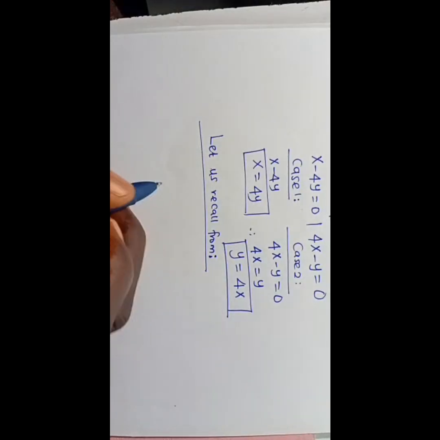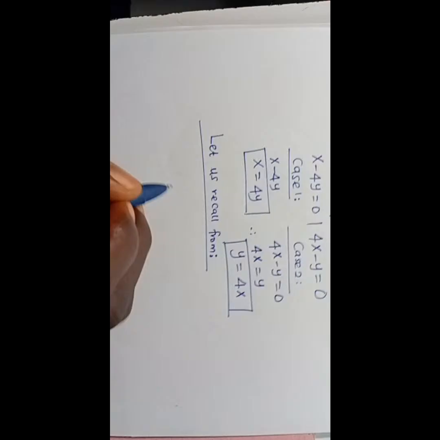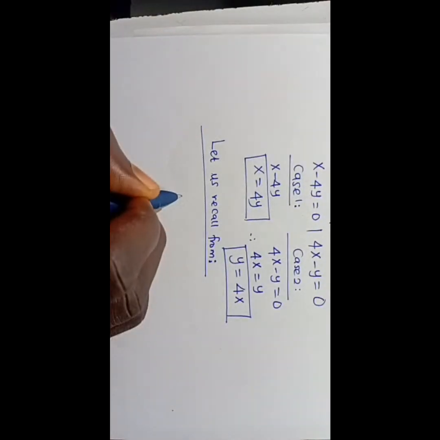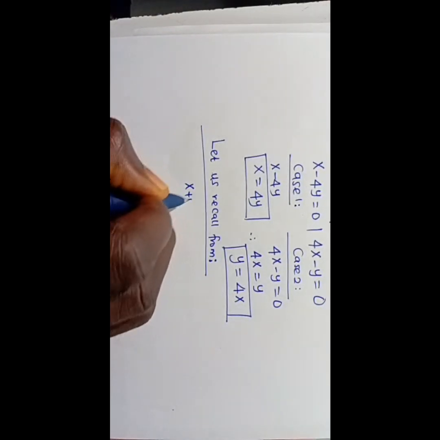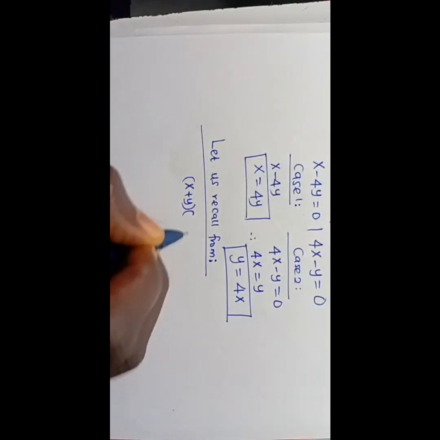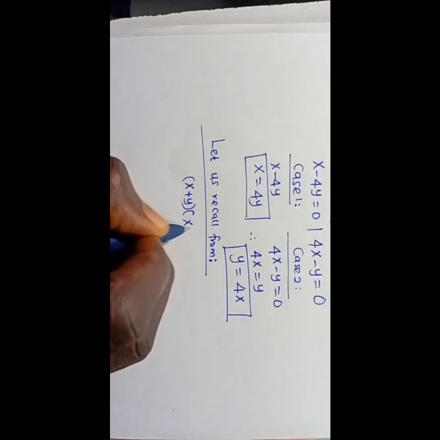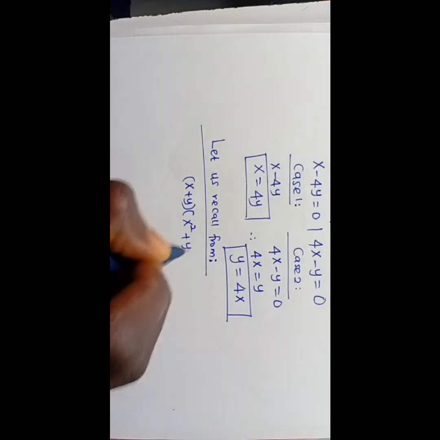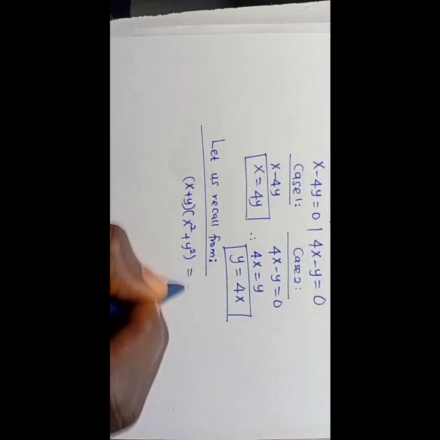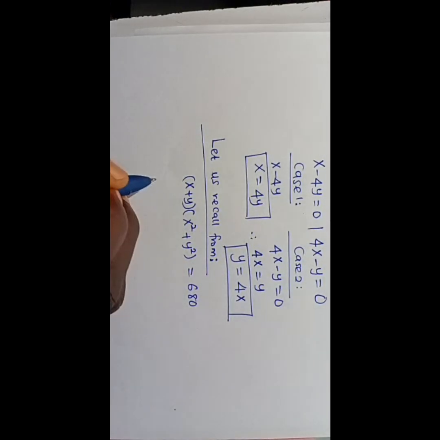Now, let us recall that we have (x + y)(x² + y²) equals 680.